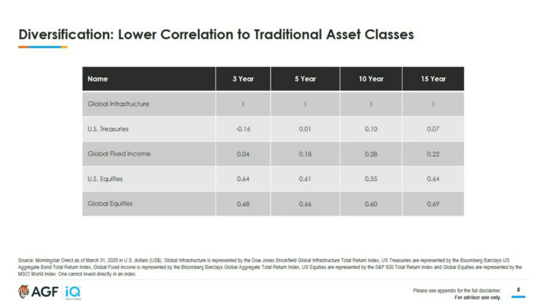In this case, you can see the infrastructure ETF and the infrastructure stocks have much lower correlation to the broad equity market and broad fixed income market. And so you get that, and it's consistent. It's not just over a short-term period, it's over a long-term period. So it's something you can add to your core portfolio over a very long-term period and get the benefits of lower risk.